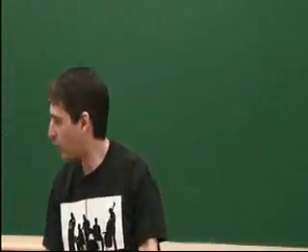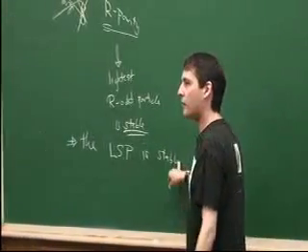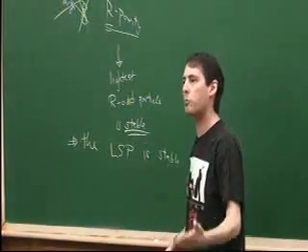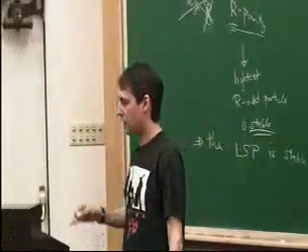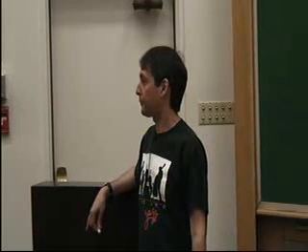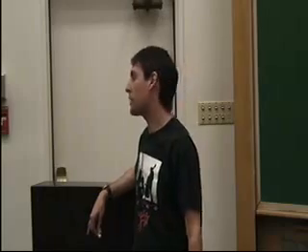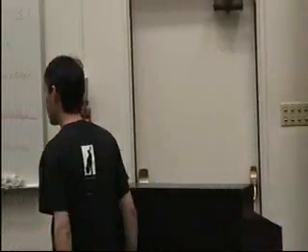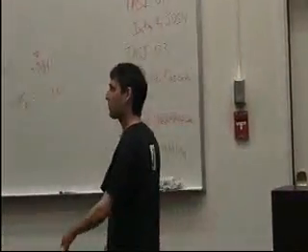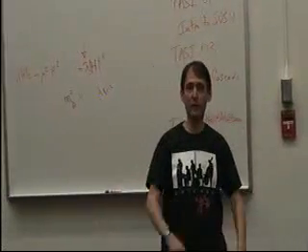Now, why does it do that? All I've told you is that the LSP is stable. Well, if I have some new stable particle that's relatively light, can it be electrically charged? We would have found it by now. So the answer is no. Can it be colored? If you have stable charged particles, or stable colored particles, they're produced in the early universe. They float around. A few of them land in the Earth.